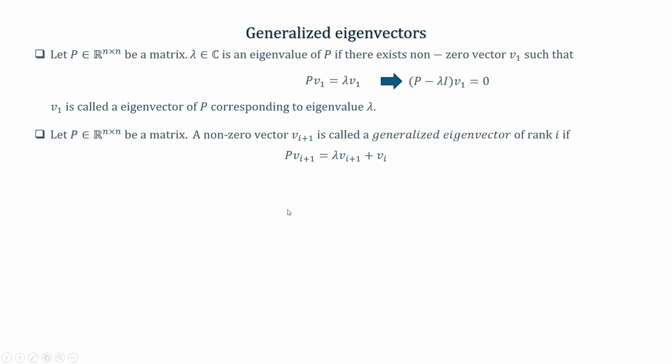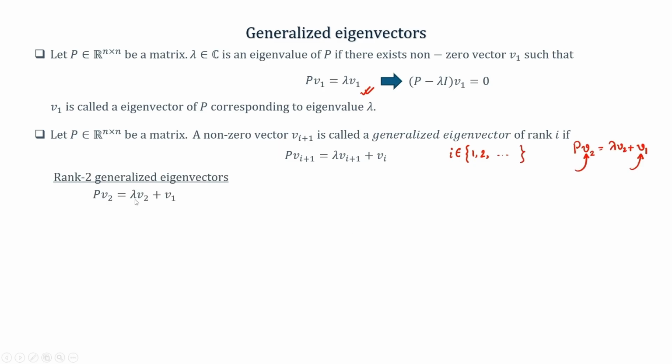Now, what is a generalized eigenvector? A non-zero vector V(i+1) is called a generalized eigenvector of rank i if P V(i+1) equals lambda V(i+1) plus Vi, where i is 1, 2 and so on. So, suppose I want rank 2 generalized eigenvectors.